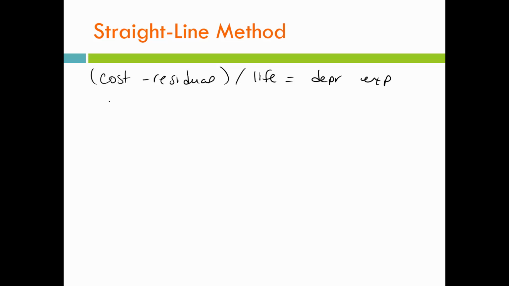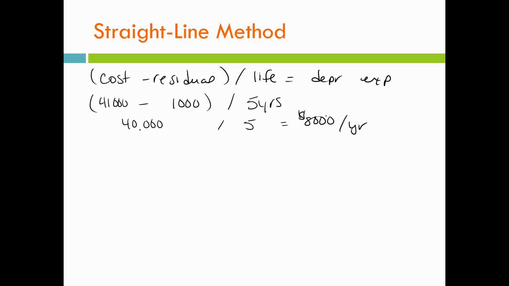So for straight line, I just take the cost minus the residual value divided by the estimated useful life. And that's going to give me my depreciation expense. So in this case, the cost was $41,000, the residual value was $1,000, and the useful life was estimated at 5 years. So I'm going to take that depreciable cost of $40,000 divided by 5 years, and I get $8,000 per year is my depreciation expense.